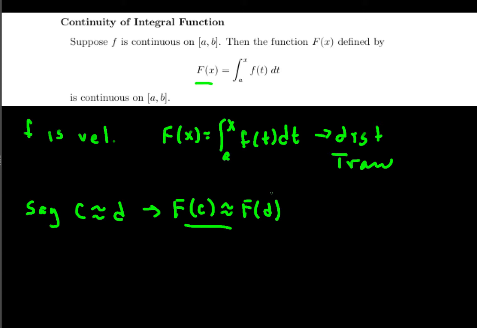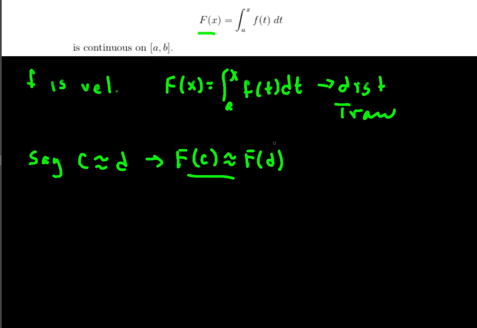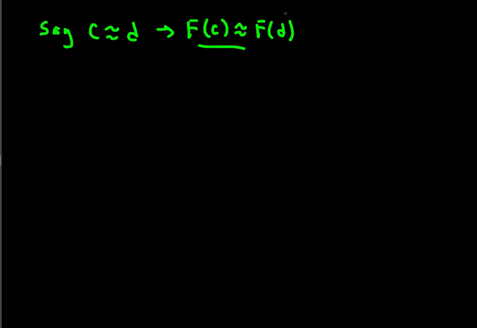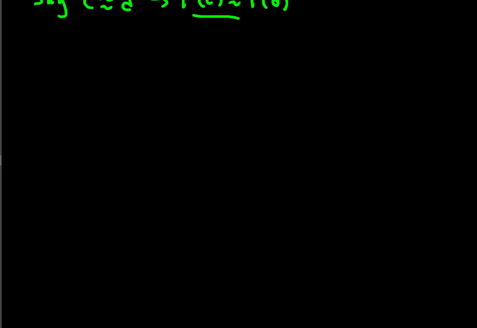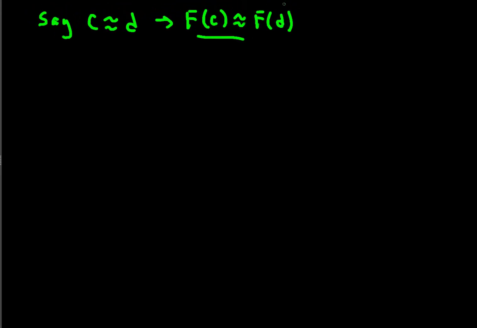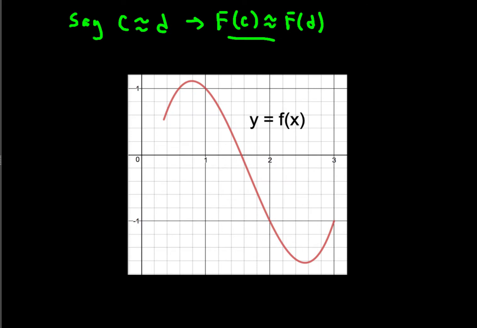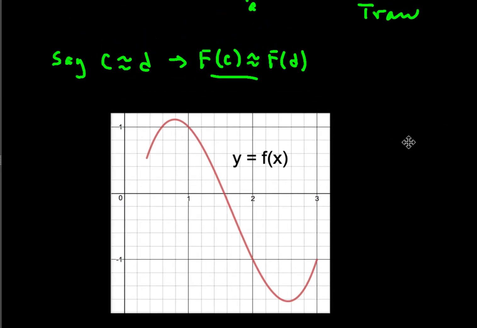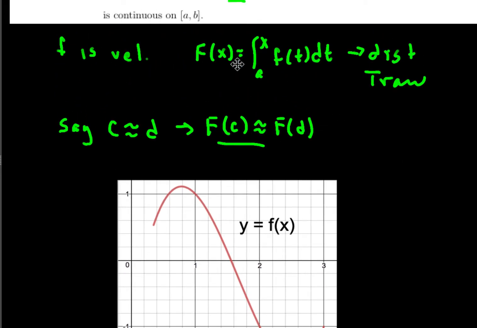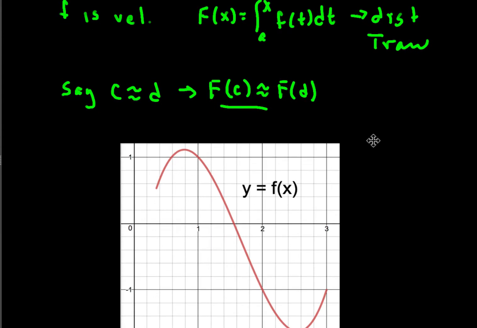And again, I don't want to go down into standard parts. It's done very well in the textbook, but I'm going to take a look at the graph of some general function and show ourselves that this should still be true. So again, we've got our arbitrary function y equals f of x, and we're looking at the integral. F of c is the integral from a to, say, c.